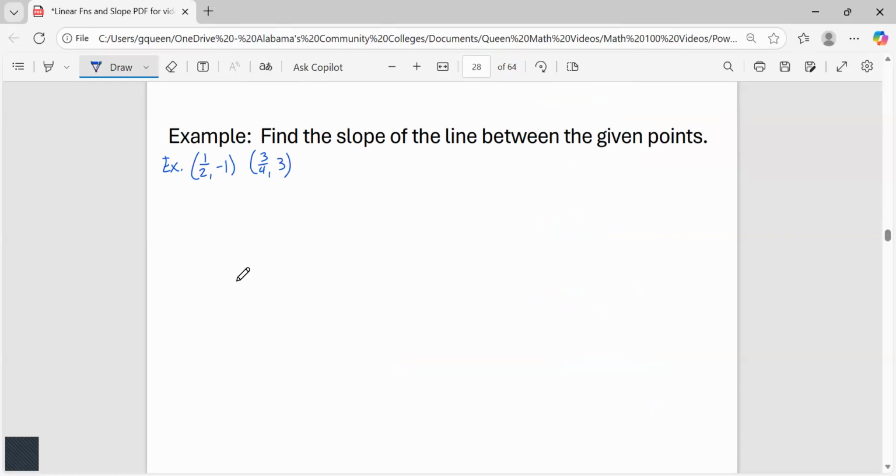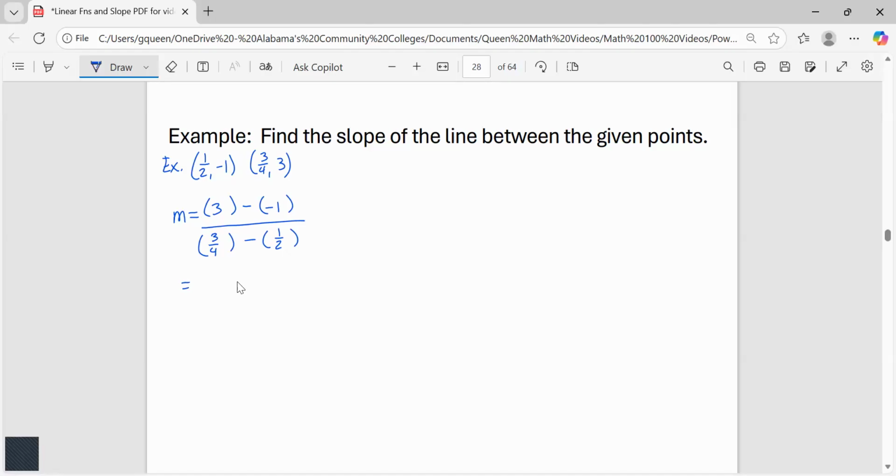Do not let the fractions bother you. We're going to do the same thing we did with the other example. We're going to have y2 minus y1 over x2 minus x1. y2 is 3 minus y1 is -1. x2 is 3/4 minus x1 is 1/2.